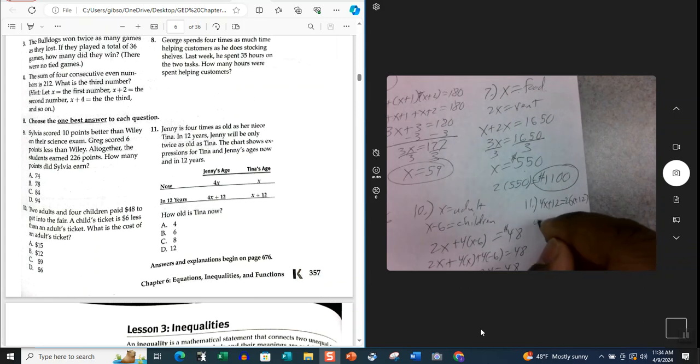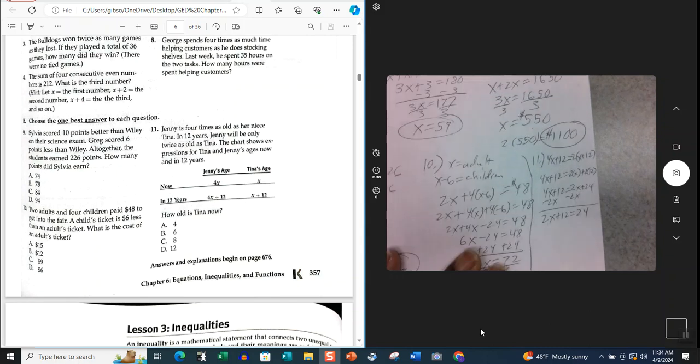So now we have 4x plus 12 is equal to 2 times x plus 2 times 12. So it'd be 4x plus 12 is equal to 2x plus 24. We could subtract 2x on both sides. And that would give us 2x plus 12 is equal to 24.